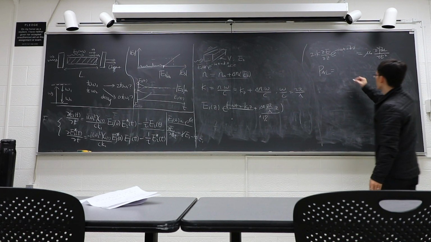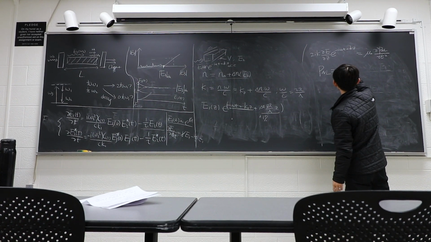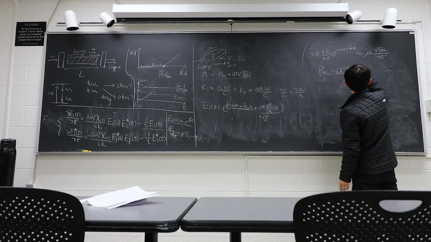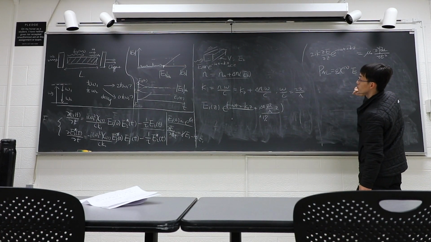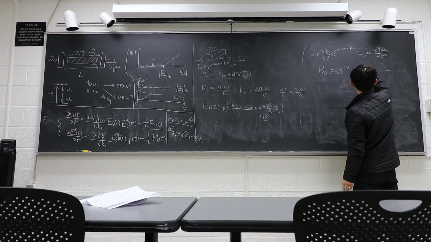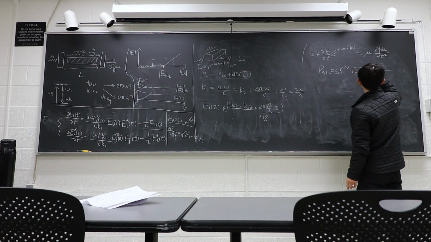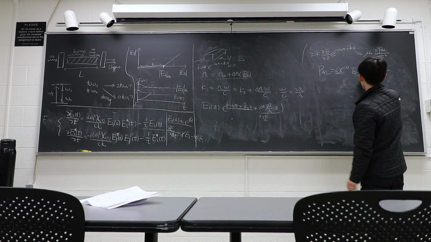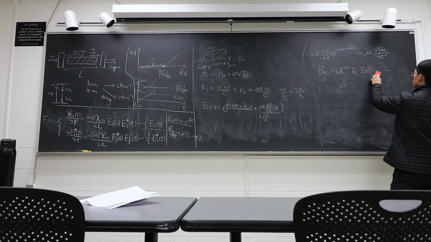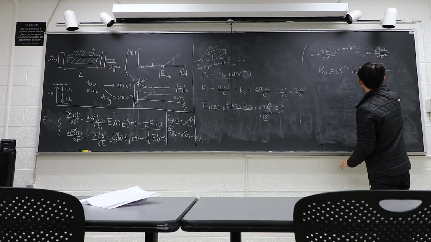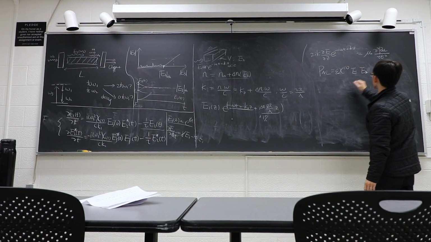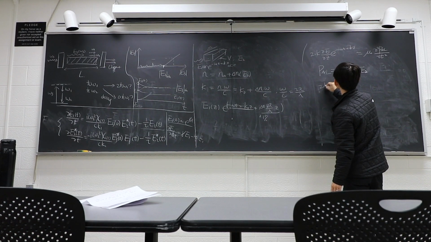So you can have chi2 and then E times E2. Let's leave the t out. E2. And then when you do this derivative, you get 2ik.